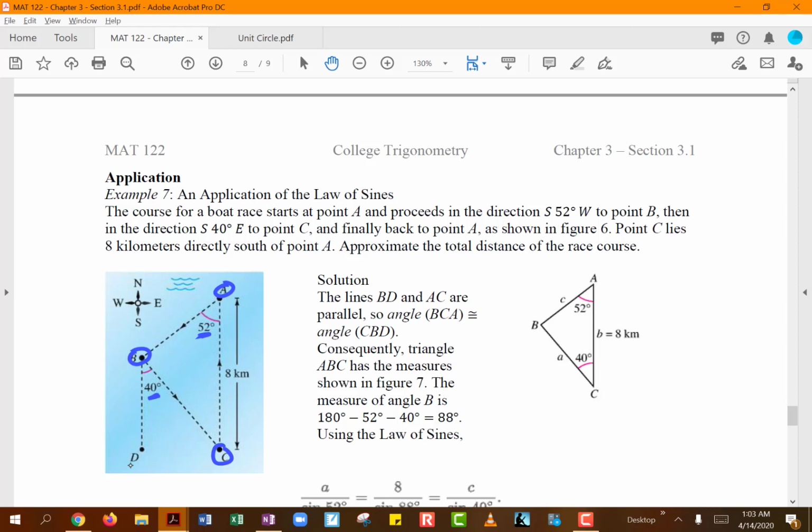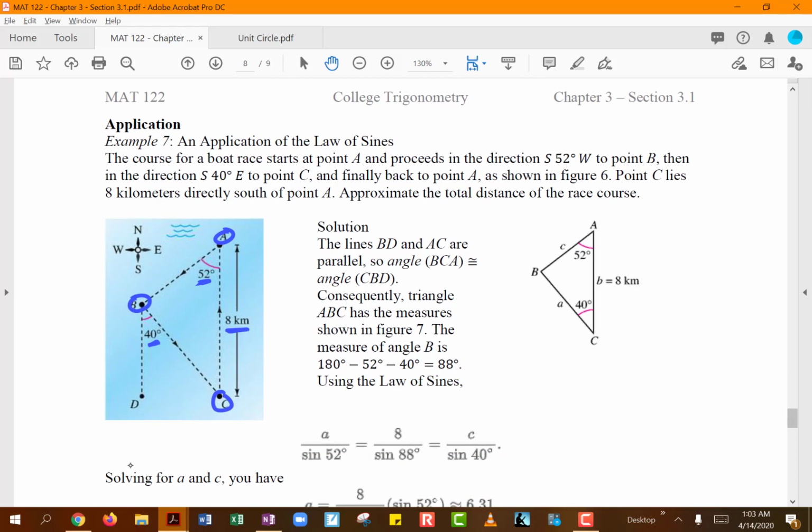They're telling us point C lies exactly 8 kilometers south of point A, and they want to know what is going to be the approximate total distance for this race course. As you can see over here, lines BD and AC are parallel.